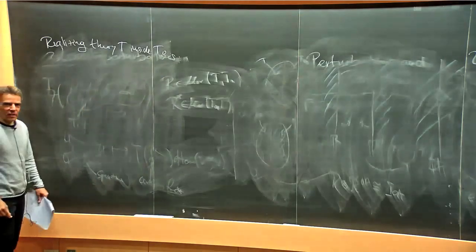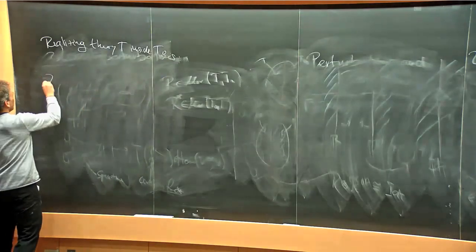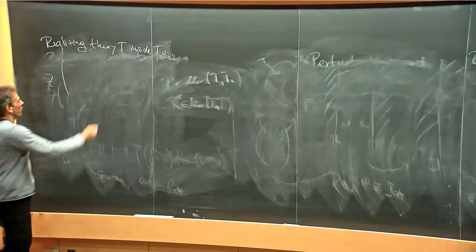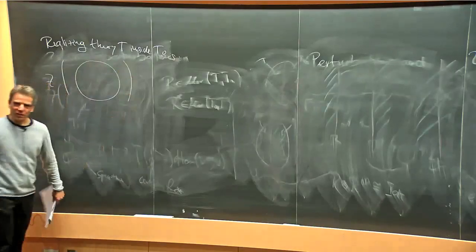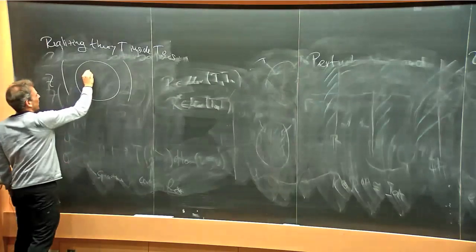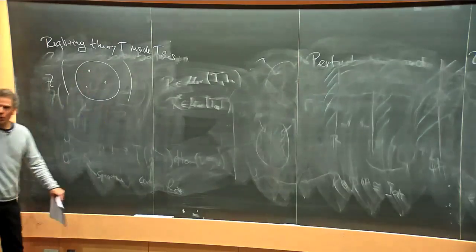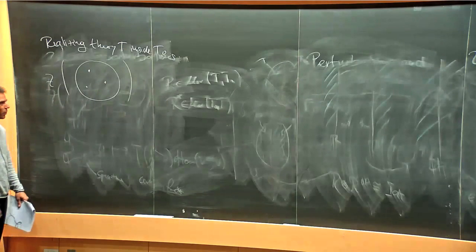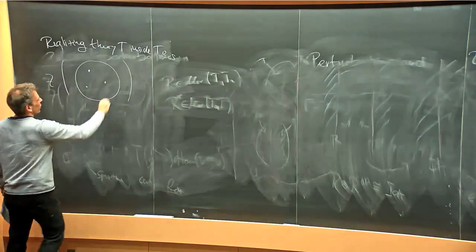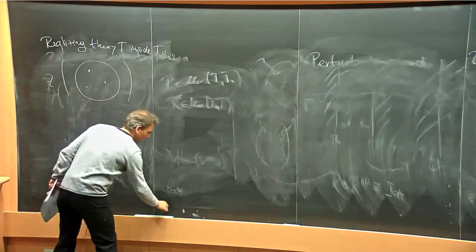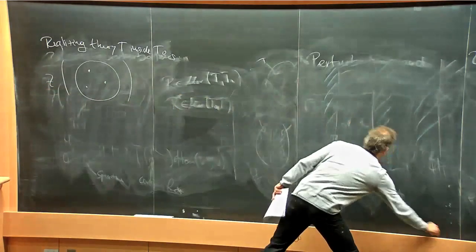Well, I start with a correlation function, and the correlation function was just Z of some surface. Let's make it a sphere or something. And there might be some insertions of local operators or some defect lines, whatever you have here. And this is supposed to be in theory T naught. So theory T naught was always blue, so I make it blue.